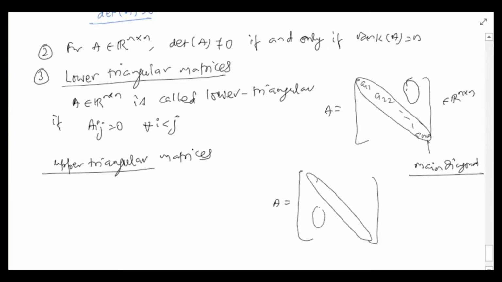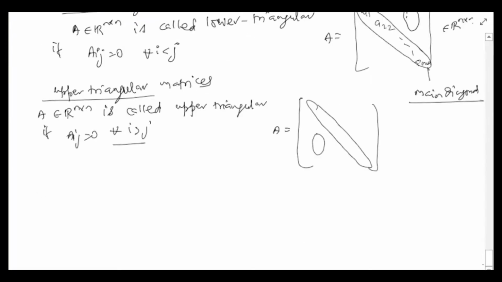If all the entries below the main diagonal are 0, then A is called an upper triangular matrix. So A is called upper triangular if Aij is equal to 0 for all i greater than j.